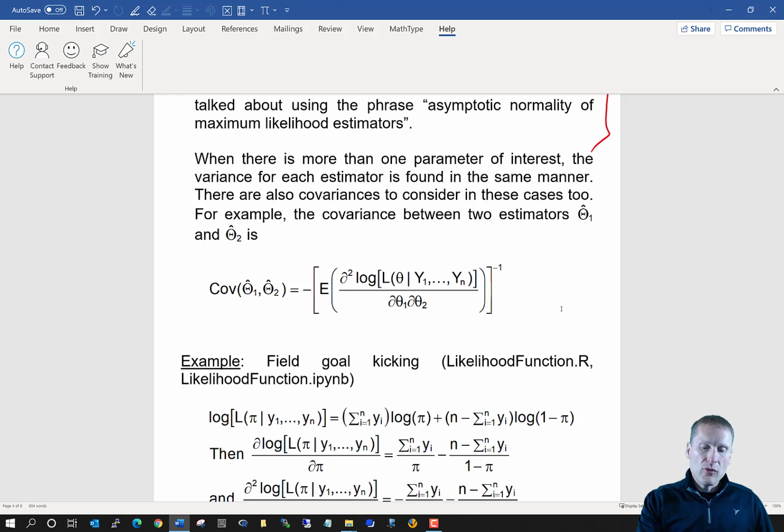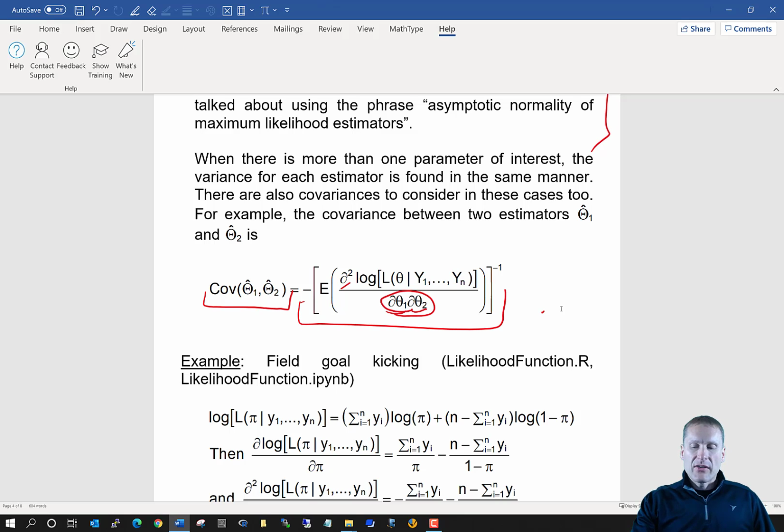So if I have two parameters, theta 1 and theta 2, and I'm going to find the covariance of capital theta hat 1 and capital theta hat 2, what do I do? I take the second partial derivative, where the first time I take it with respect to theta 1, the second time with respect to theta 2. Actually, it doesn't matter what order you do it in, you'll get the same answer. And the rest of the expression is exactly what we had above. So that's how you can work with this.